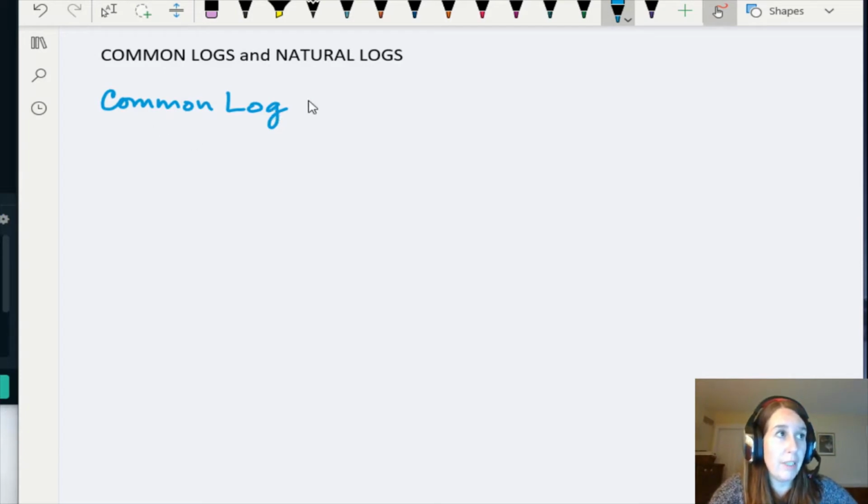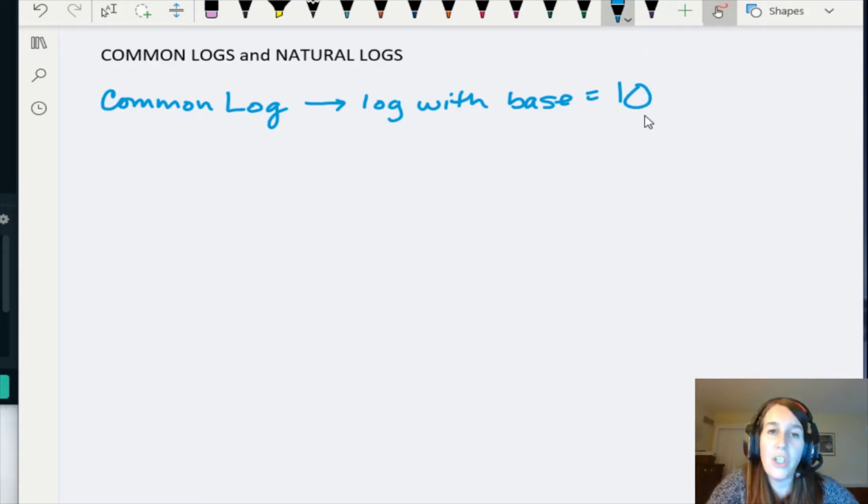So the common log with no base listed is a log with base equal to 10. It's just such a commonly used one. They wanted to have one that was standard, and so the base is 10 if there's no base listed.